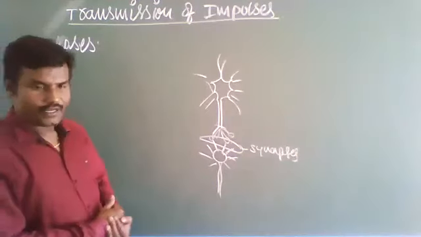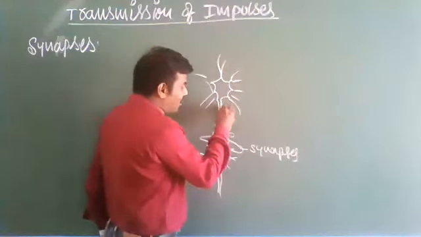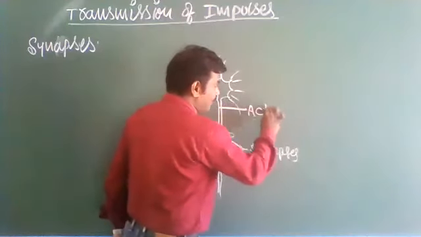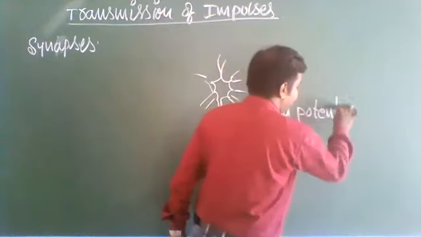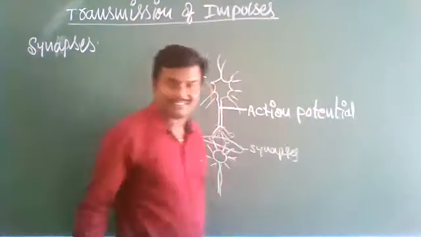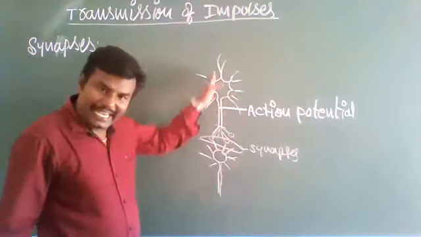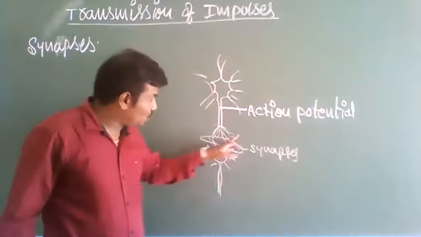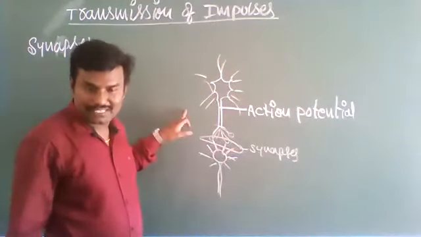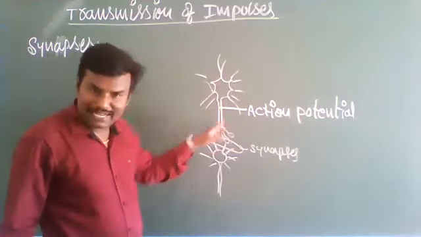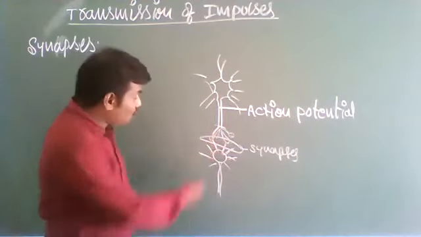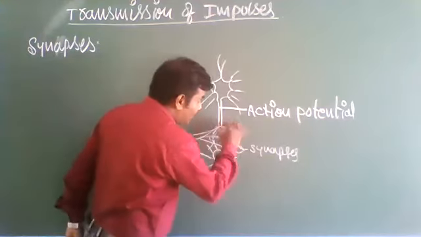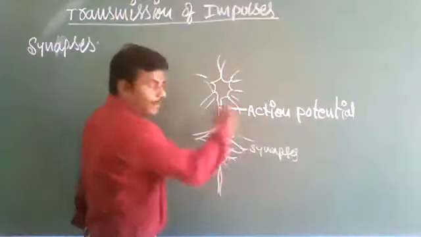So the action potential passes down along the axon and reaches the terminal and all its branches. Branches means what? Here branches are there, the synaptic bulb.